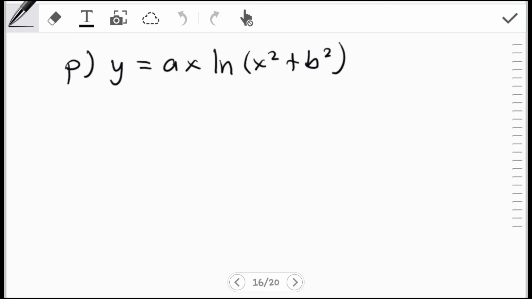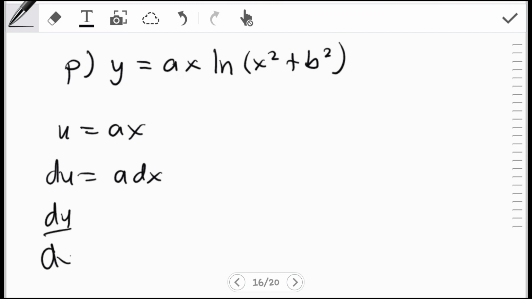So what is the first derivative of y is equals to ax ln of the quantity x squared plus b squared. Okay. So let u is equals to ax, where du is equals to a dx, or du over dx is equals to a.